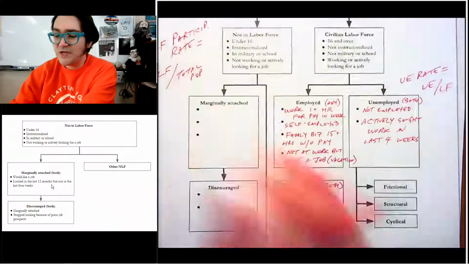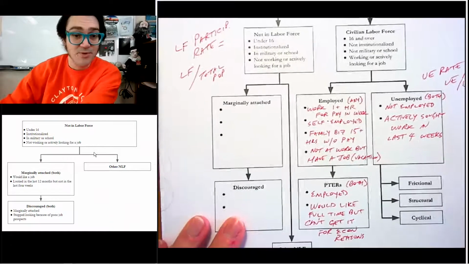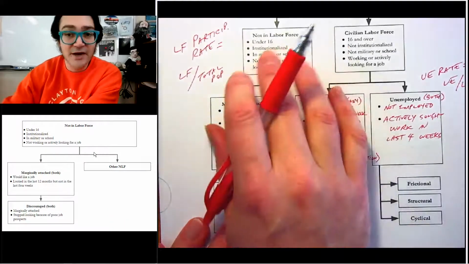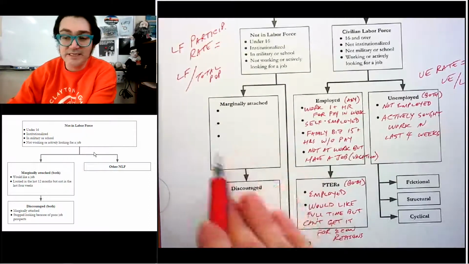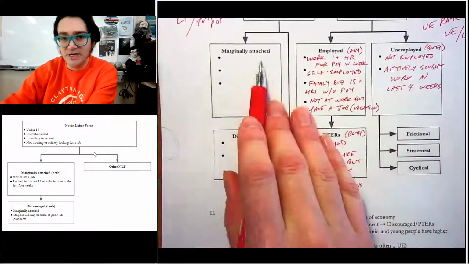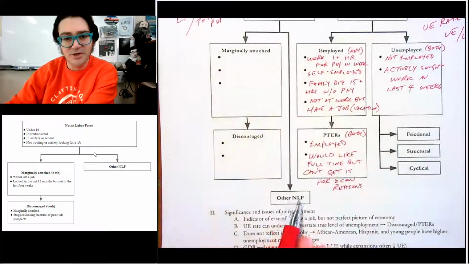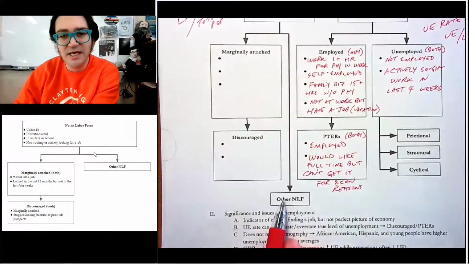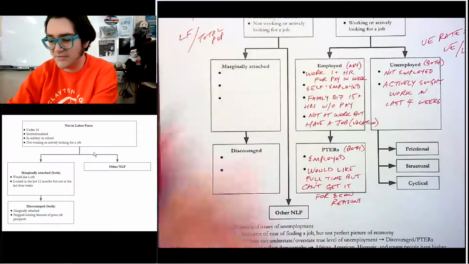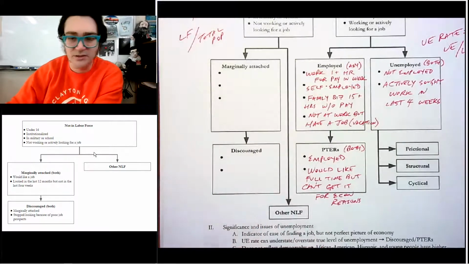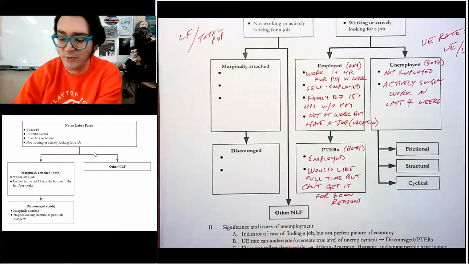Now we're going to switch over to the other side and talk about not in the labor force people. In the not in the labor force, there are really two umbrella groups. There's the marginally attached, and then you can see the other arrow that I've created goes all the way down here to just other. So if you're in the other group, it just means that there are other reasons why you're not in the labor force.